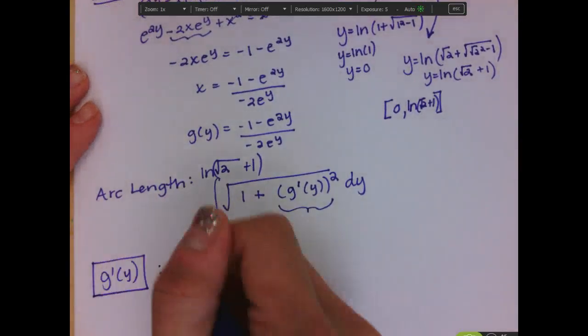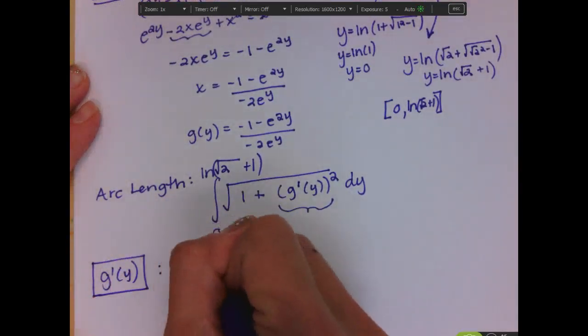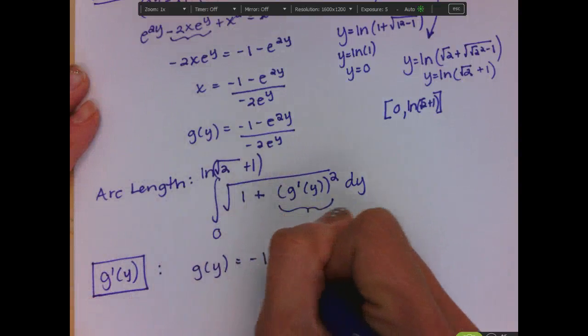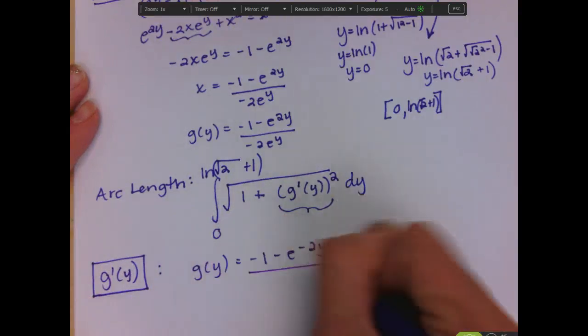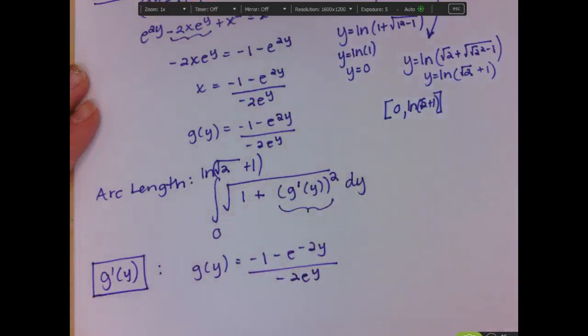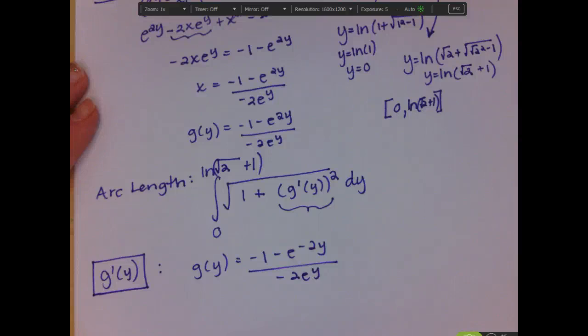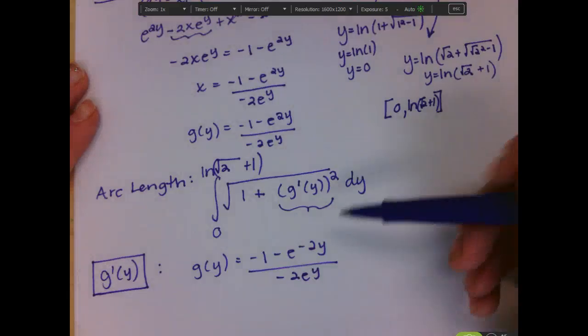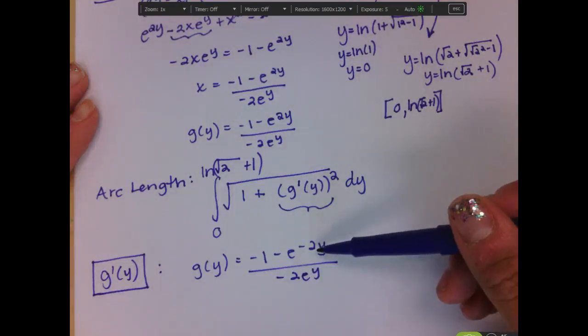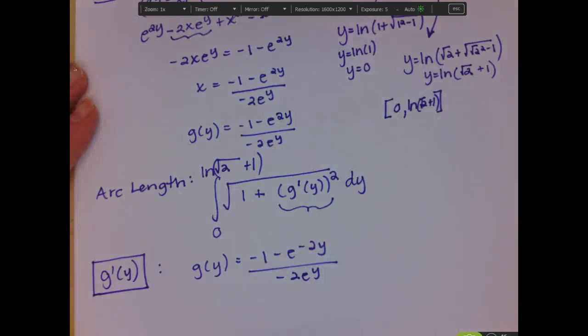Starting off with just our regular g of y, we wrote that as this fractional expression that has e to the y, or some form of e to the y, in the top of the fraction and in the bottom of the fraction.